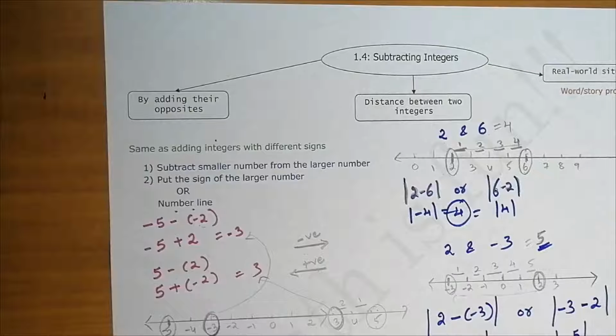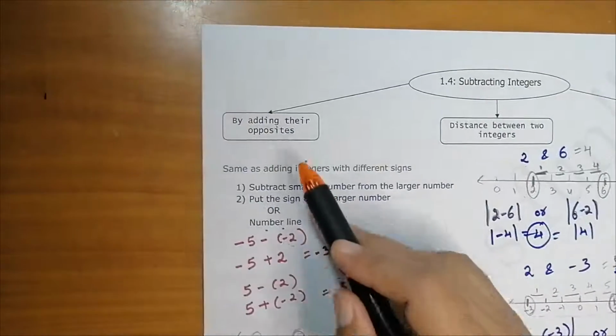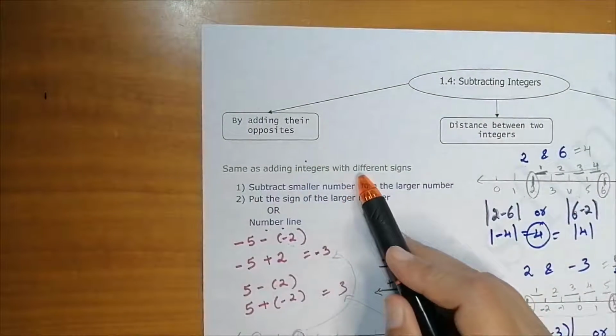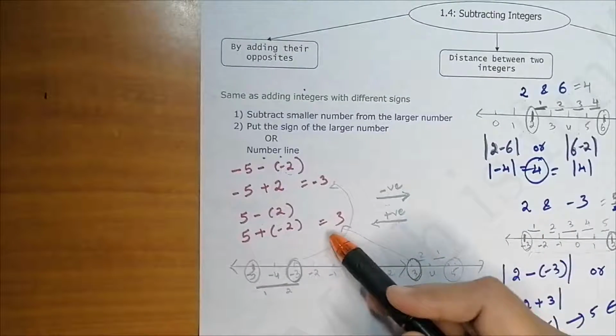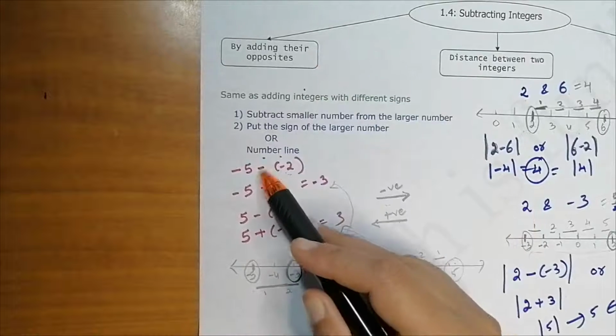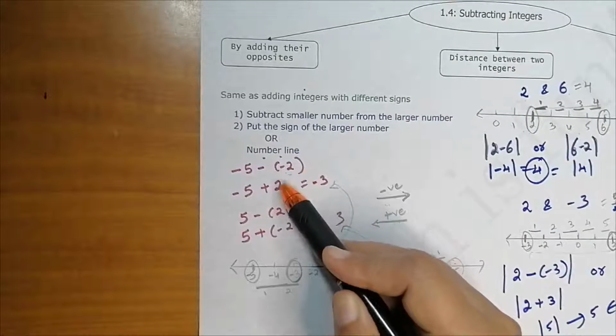So let's just have a quick recap of what we have done in this chapter. Subtracting integers, you do by adding their opposites. So we said we can follow what we did while adding integers with different signs, or you follow this method where it says you add the opposite, right? So this minus became plus here, and the opposite of minus 2 is plus 2.